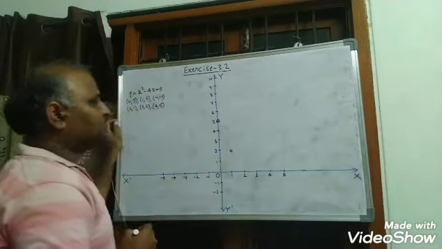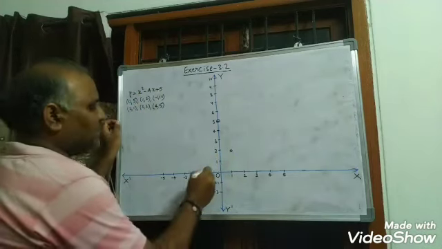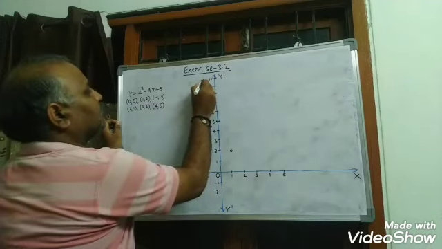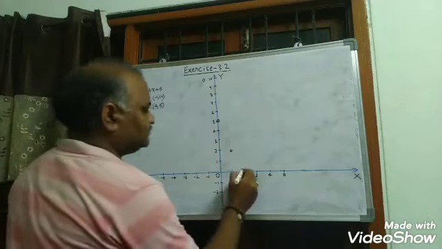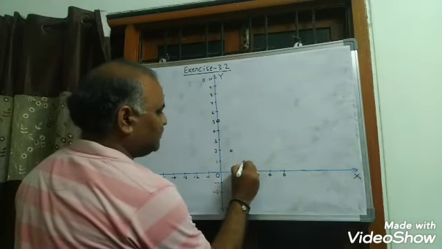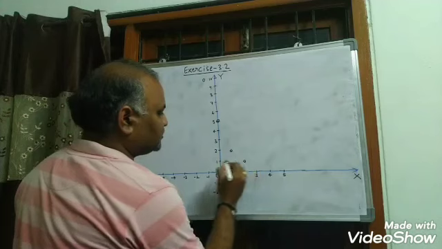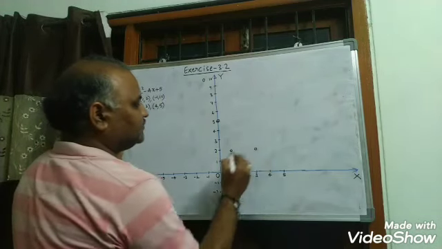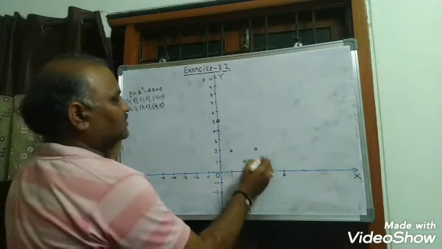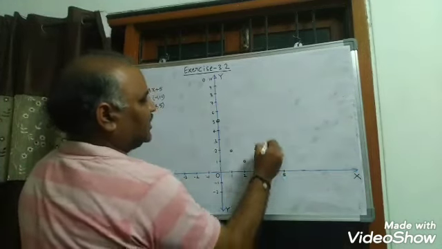Here we can locate. Next (minus 1, 10), we can locate here. Next (2, 1), 2 on x axis, 1 on y axis. Here we can locate. (3, 2) again, here we can locate. (4, 5), that we can locate here.